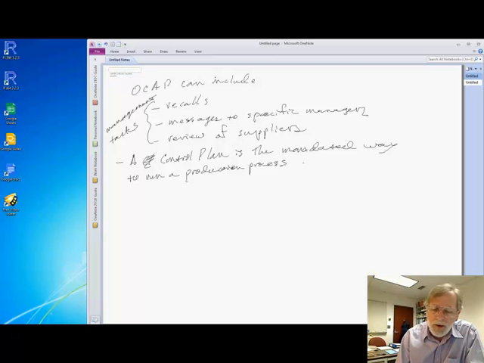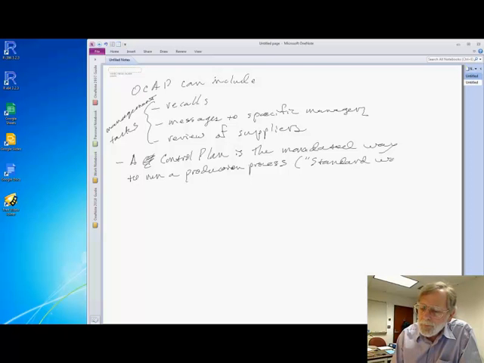And just to give some foreshadowing here, it's referred to as standard work in the Toyota production system. But we will be spending a lot of time on that downstream of the TPS.